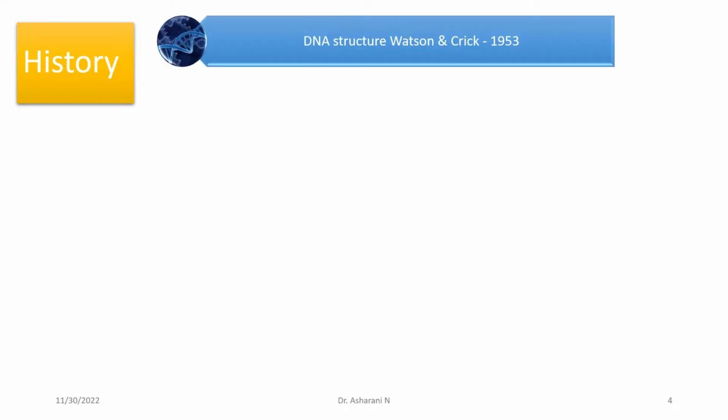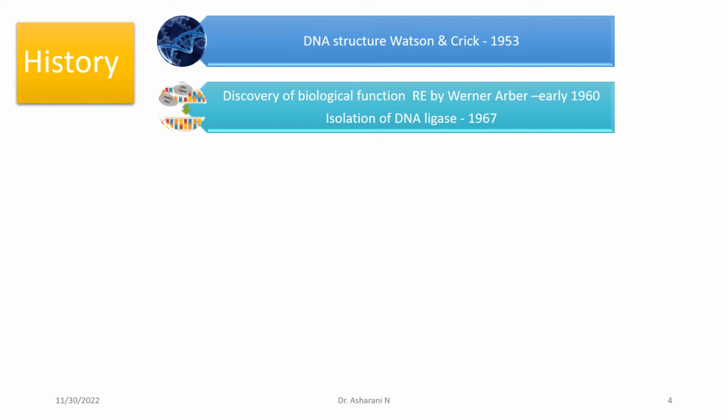Now we will go back to the history of this rDNA technology. In 1953, Watson and Crick described the structure of DNA. Followed by many discoveries, in the early 1960s Werner Arber discovered the biological function of restriction endonucleases.